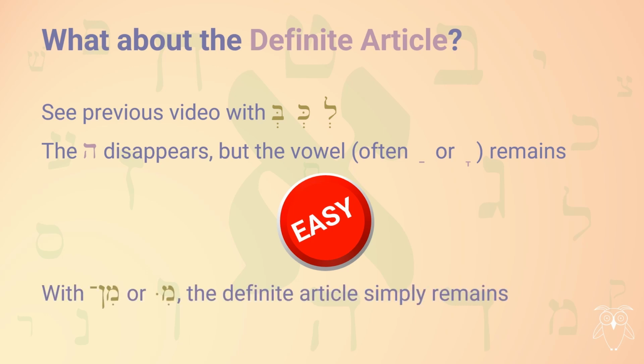In fact, the ha plus a dagesh doesn't even disappear. So it is actually super easy. The definite article does not disappear or is not eaten up by the min, and the min turns into me, and we're done. See for example, min haaretz or me haaretz, both meaning from the earth.